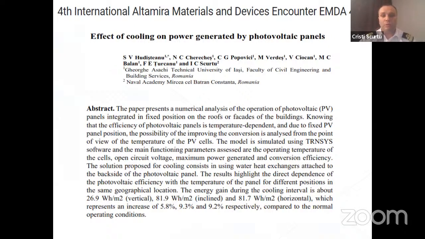The energy gain during the cooling interval is about 26.9 watt hours per square meter in vertical position, 81.9 watt hours per square meter in inclined position, and 81.7 watt hours per square meter in horizontal position, which represents 5.8, 9.3, and 9.2 percent respectively, compared to normal operating conditions.